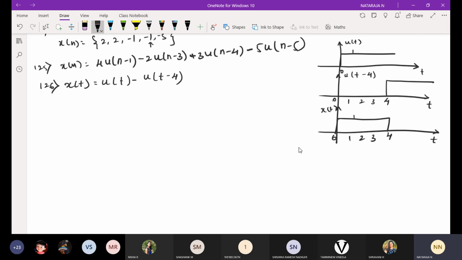Here the same procedure. T will be less than 0, where x of t is equal to 0. Next, it will vary from 0 less than t less than 4, x of t is equal to 1. When t is greater than or equal to 4, x of t is equal to previously 1, this amplitude will be minus 1, that will be 0.